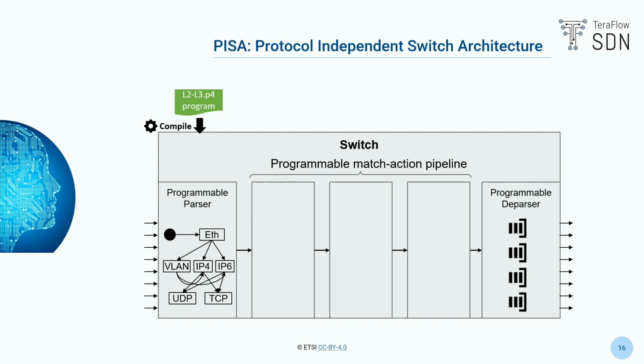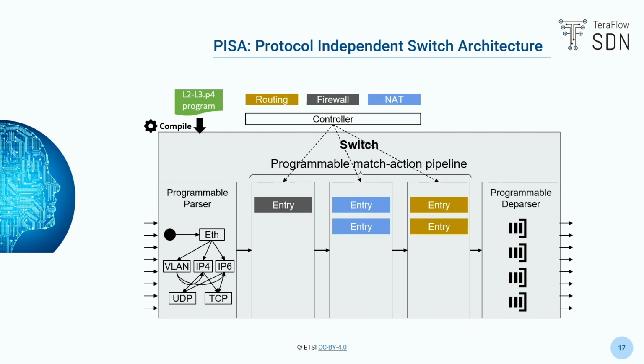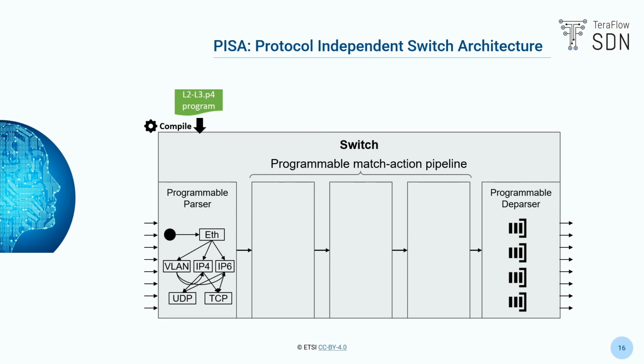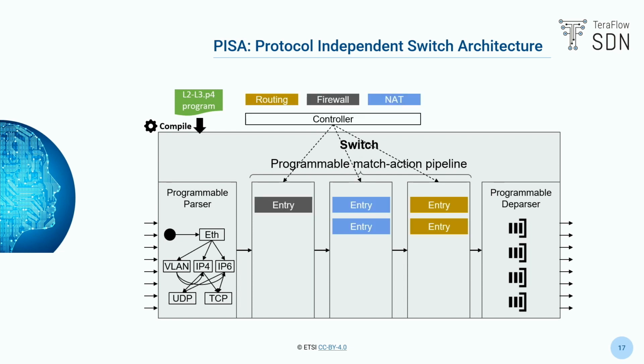Then, let's suppose that we are able to start a P4-based controller, which will be using this program. And we can run different sorts of applications on top of this controller, exploiting layer 2 and layer 3 principles. So we could have an application which does routing, let's say for IPv4, TCP, whatever, based packets, firewalling, and NAT, right?